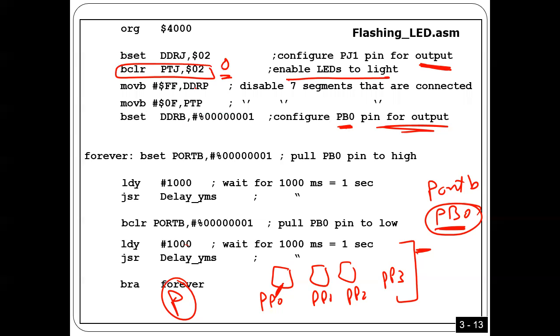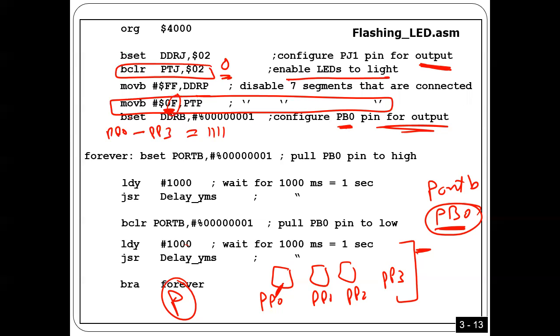Okay, here I'm gonna write 1. You can see here, guys. So I'm gonna write here in the PP0 to PP3, I'm gonna write 1, 1, 1, 1. That's why you can see F here. Okay. By doing that, I'm gonna disable the 7 segment. Anyway, this is the configuration. That's what I explained last time.